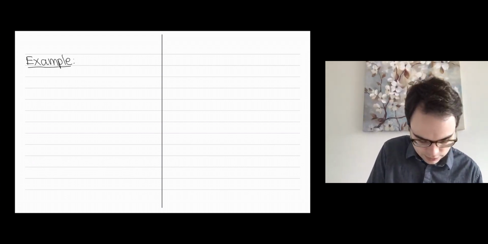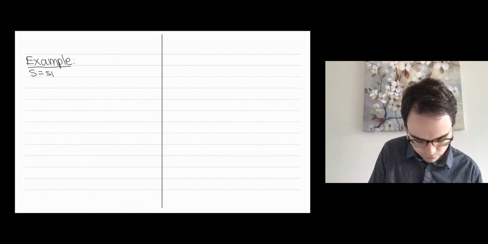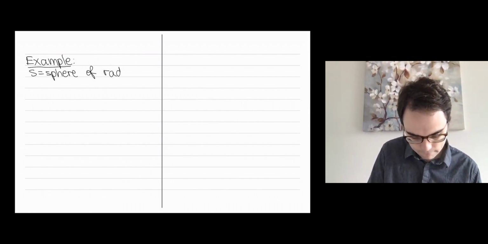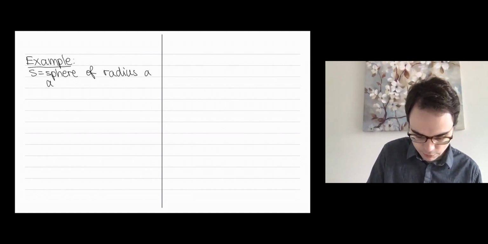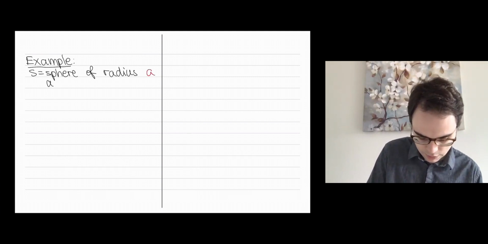So S is the sphere of radius a about the origin. Okay, so a is a number here.